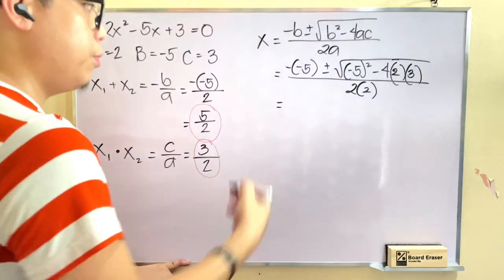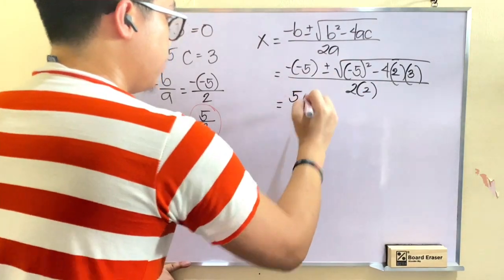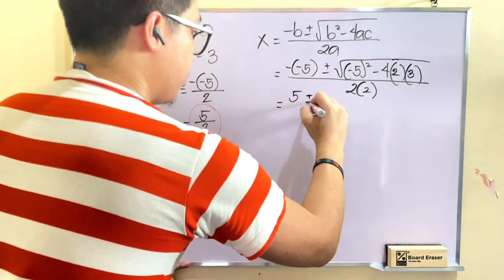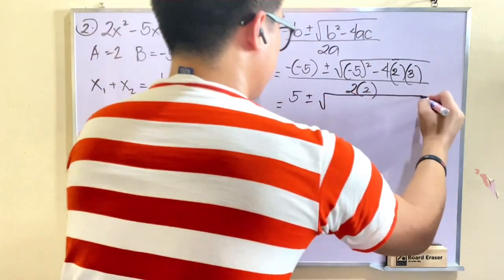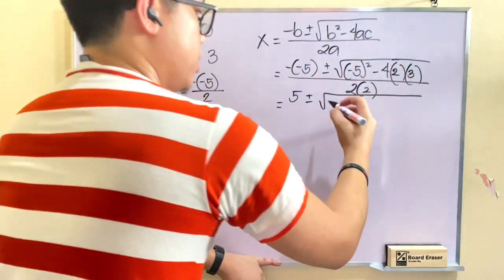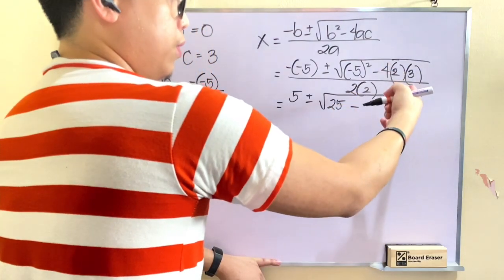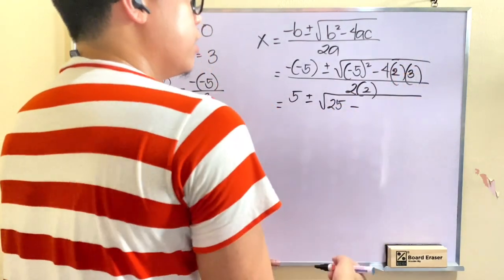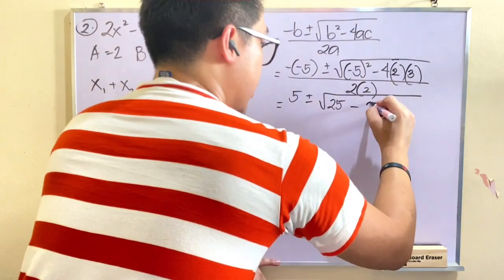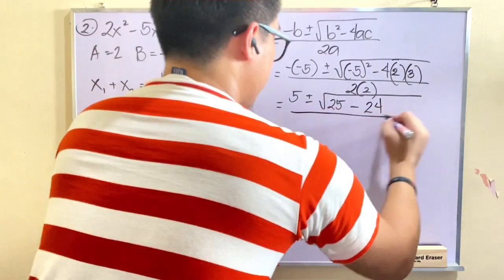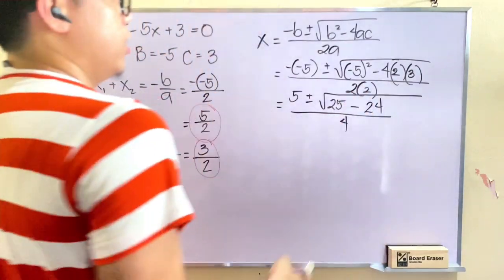Negative of a negative number, so magiging positive 5 plus or minus square root of negative 5 squared is 25 minus 4 times 2 is 8 times 3. So, ilan? Tama, 24. Divided by 2 times 2, which is 4.